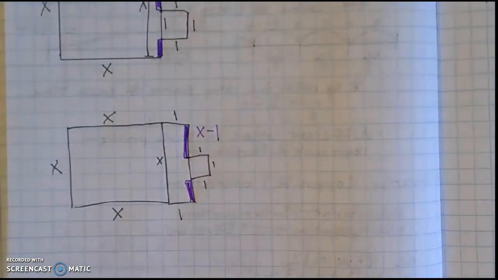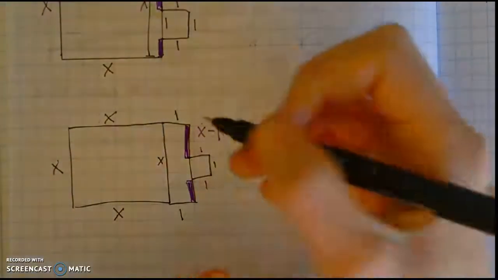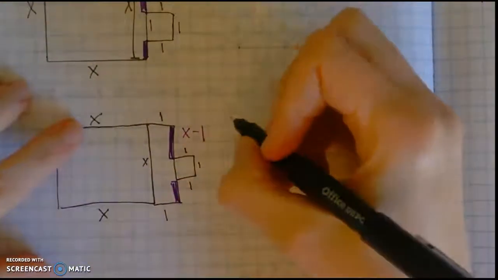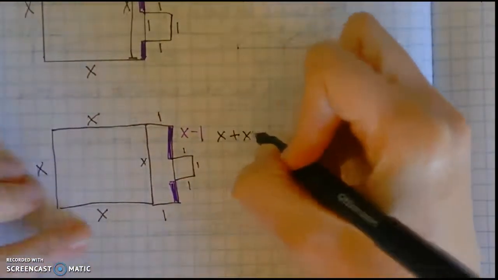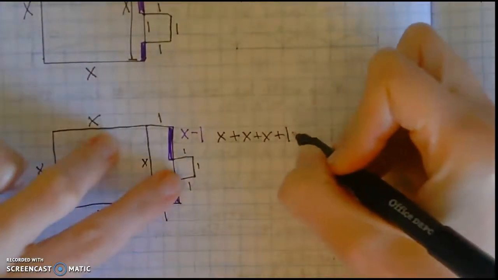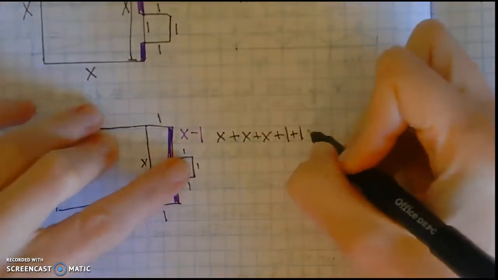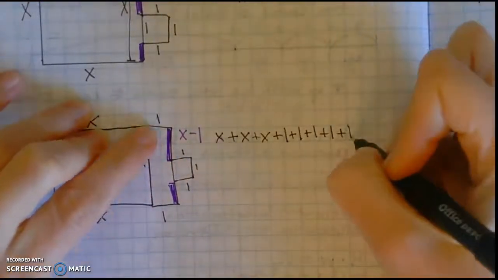Okay, so now I can put all of these together to make a perimeter, and it's going to be, let's see if I can do it right this time, x plus x plus x plus 1 plus 1 plus 1 plus 1 plus 1.